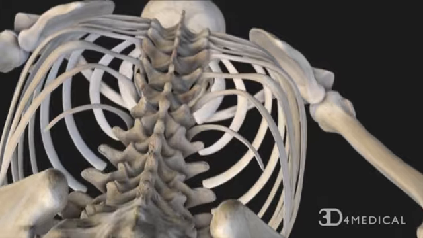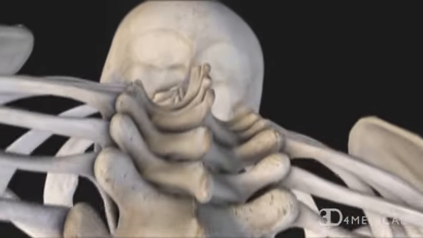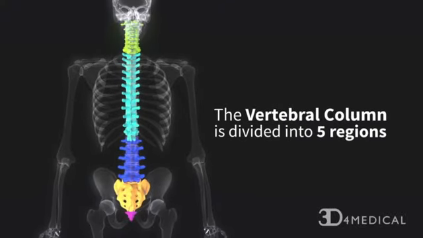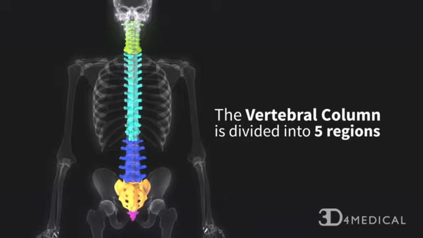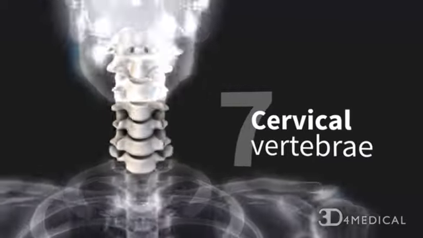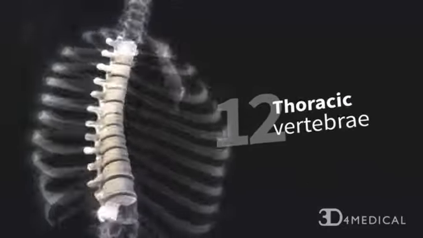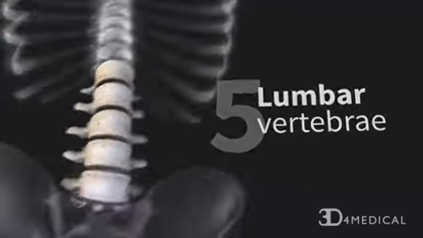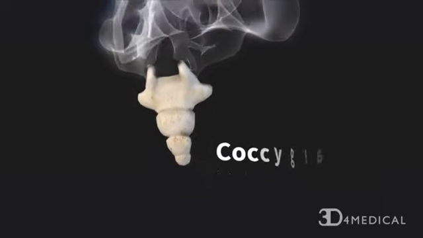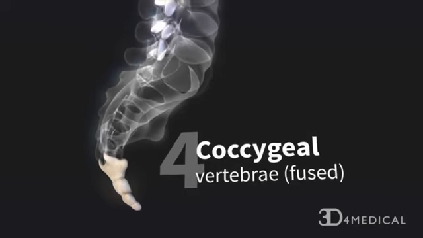All the vertebrae compose the spinal column or the spine. There are 32 or 34 vertebrae in the spine of the adult. In the spinal column, there are 7 cervical vertebrae, 12 thoracic vertebrae, 5 lumbar, 5 sacral vertebrae, and from 1 to 5 vertebrae which form the coccyx.